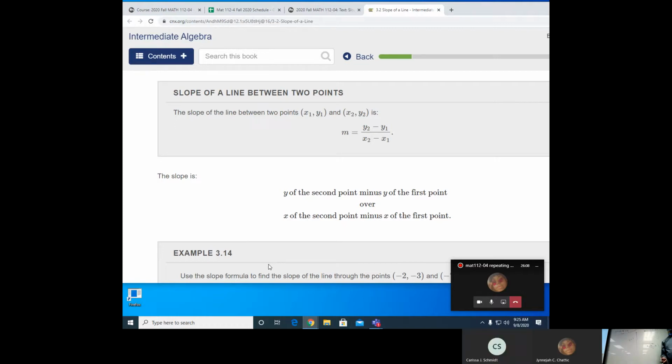But sometimes you'll come across something that doesn't look like that. You'll have something that looks like this: ax plus by equals c. That's just a different form of another linear relationship. And I'll let you see my camera here online.